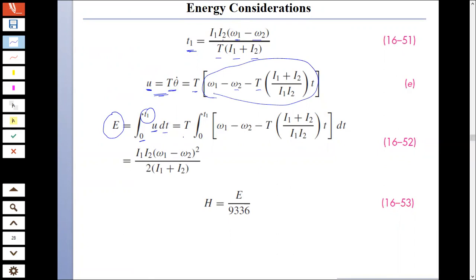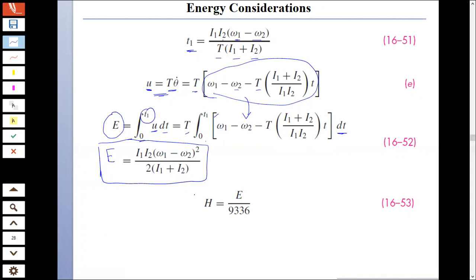So that will become t, and then integral from 0 to t1, and putting in the value of u over here, dt. And if I integrate that, my E is going to be equal to I1 I2 (omega 1 minus omega 2) squared over 2 times (I1 plus I2).